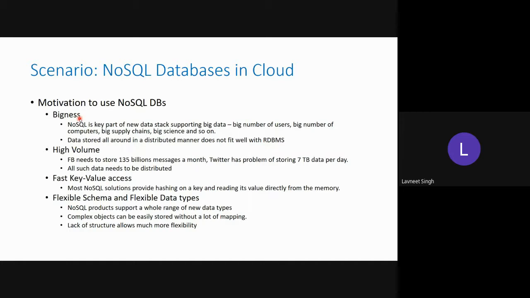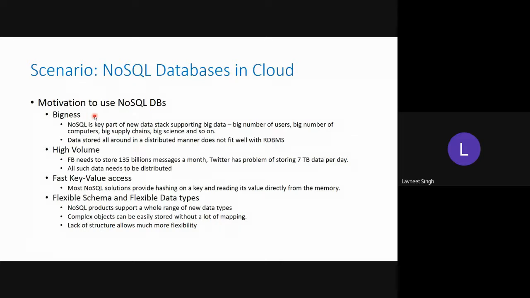And like Amazon and all the applications are basically gathering data from different sources, different people, different phones, different devices, right? So the large amount of data makes SQL databases, RDBMS databases, not so suitable.